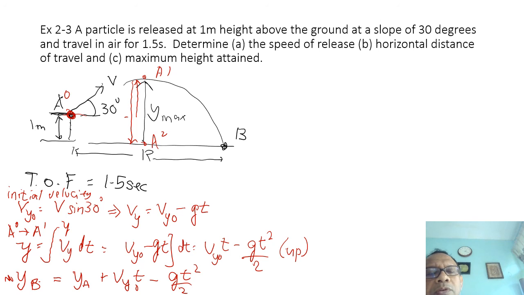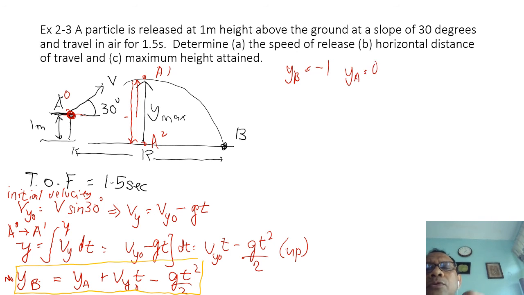So this is the set of equations. In this case, yB equals minus 1, yA equals 0, and this happens when t equals 1.5, given. This is the time of flight.